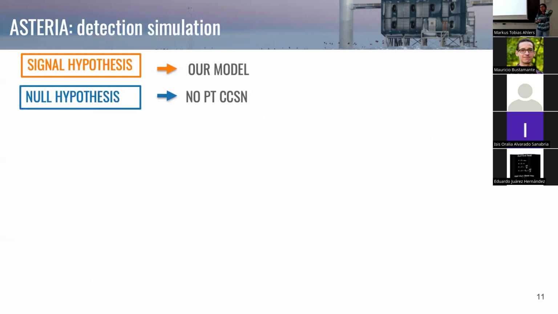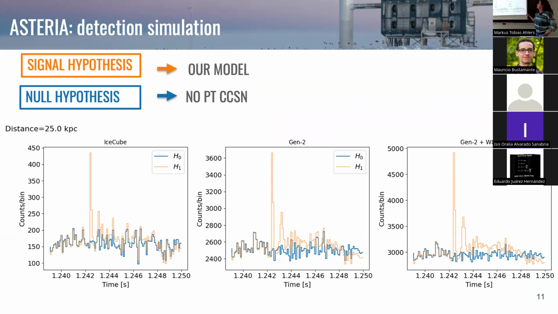So how did I go about my analysis? I used Asteria to simulate the detection. So I have a signal hypothesis, which is my luminosity model, and also a null hypothesis, which is taking my model and cutting the spectrum in the frequency so that I can take away the peak. So we will see the blue line, which is just a mimic supernova model, but without the phase transition.